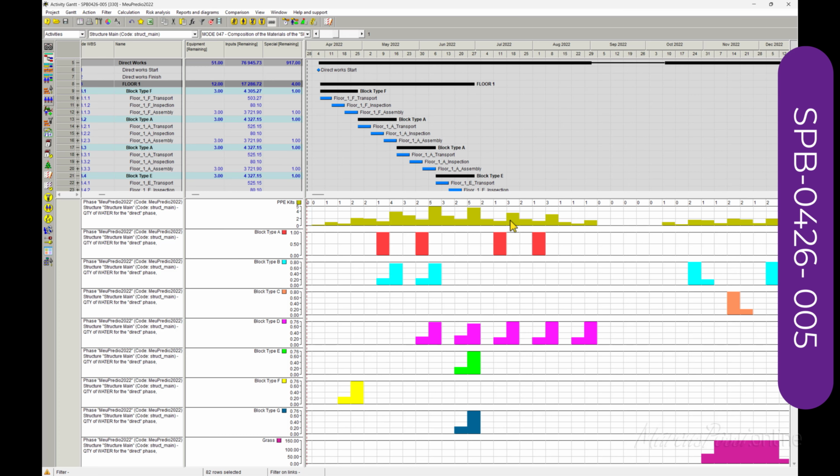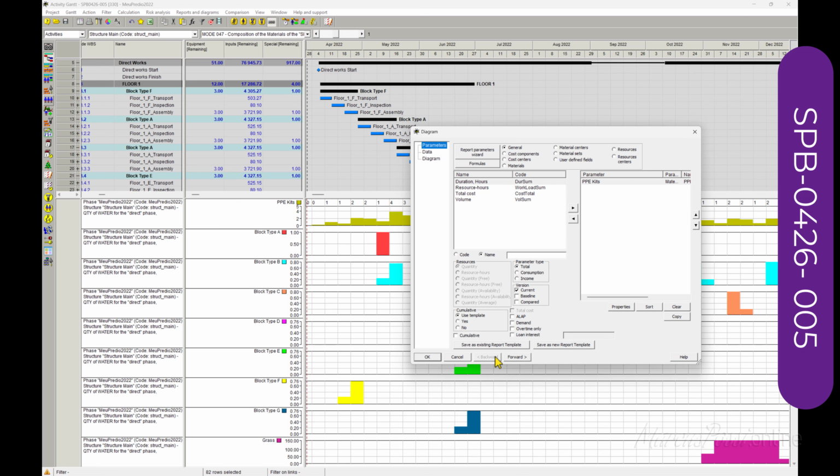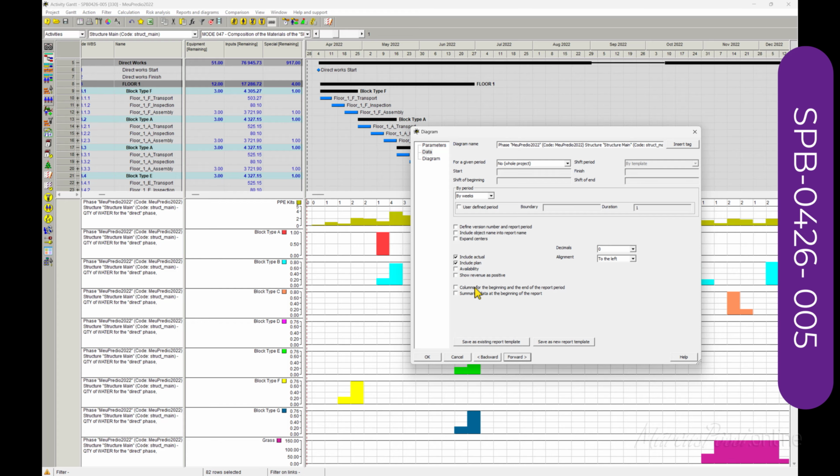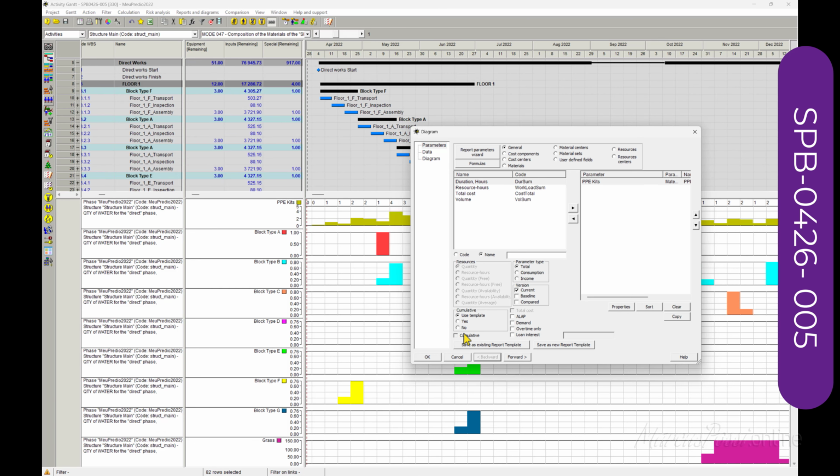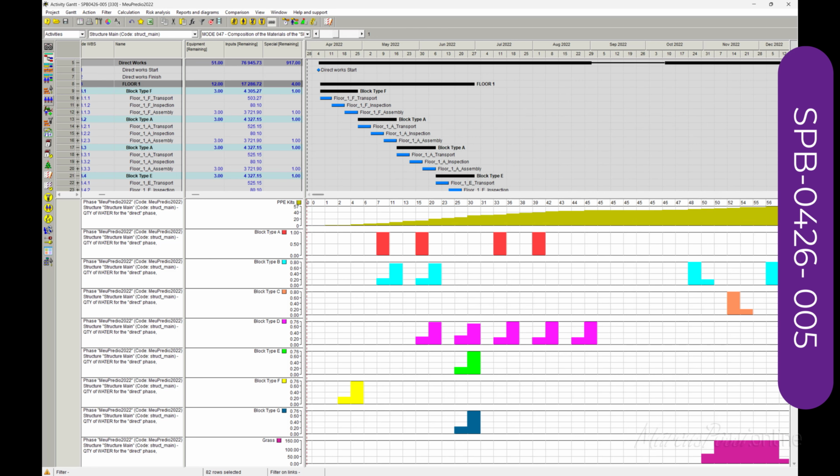I have to check it, but this graph shows us that we have to buy 57 PPE kits.